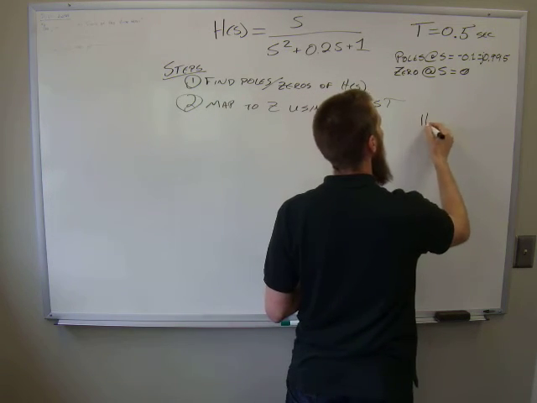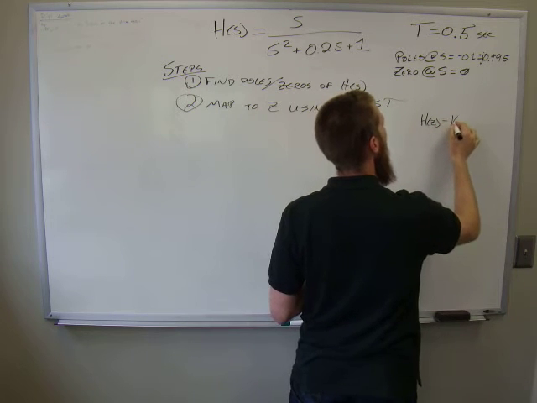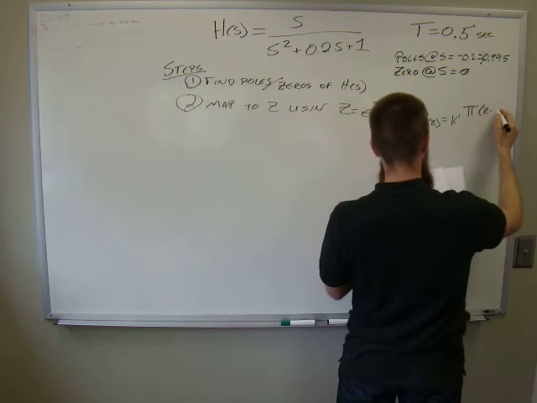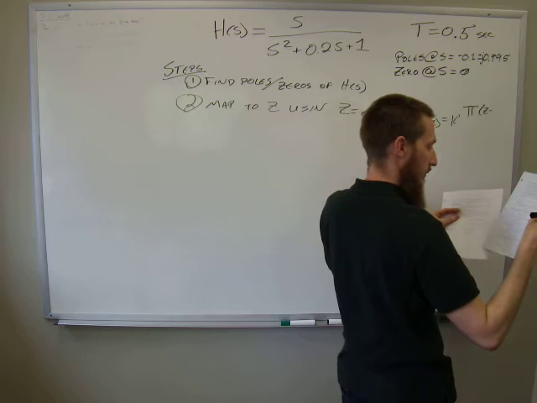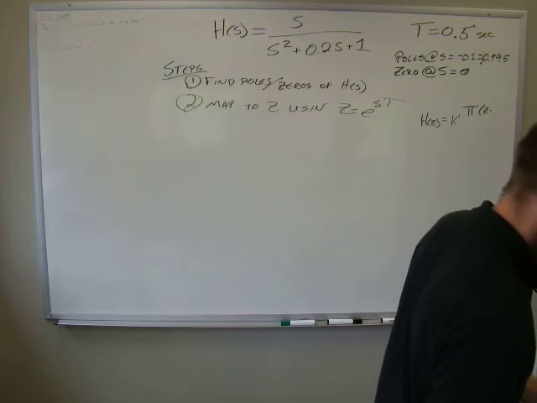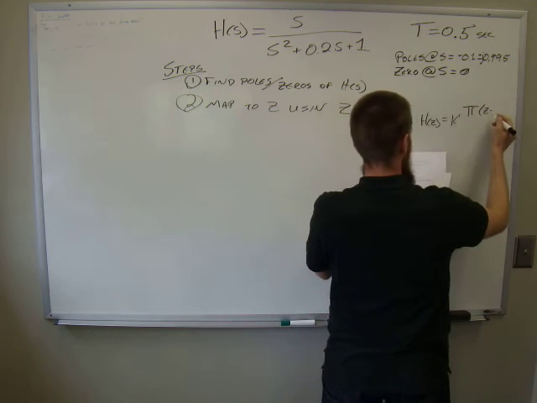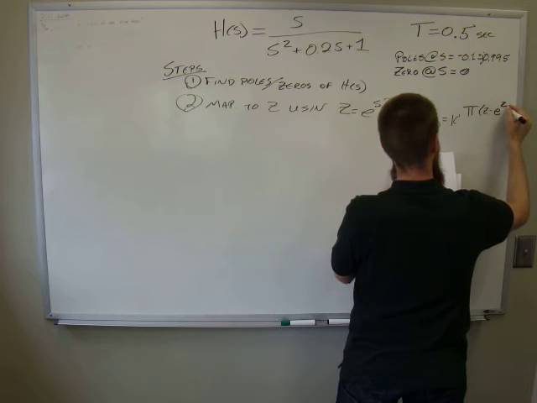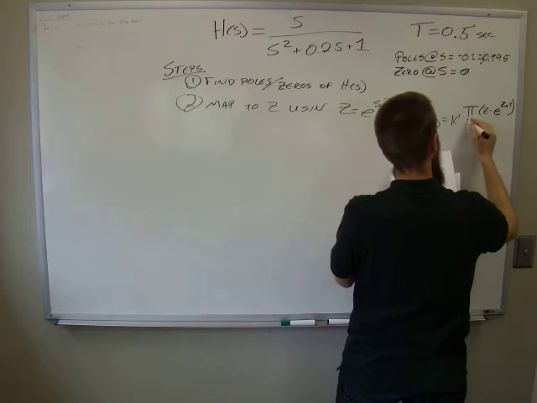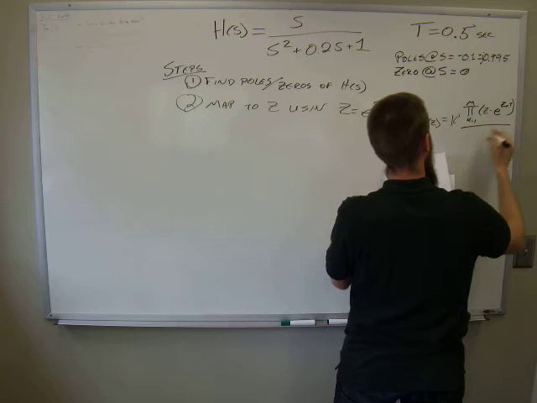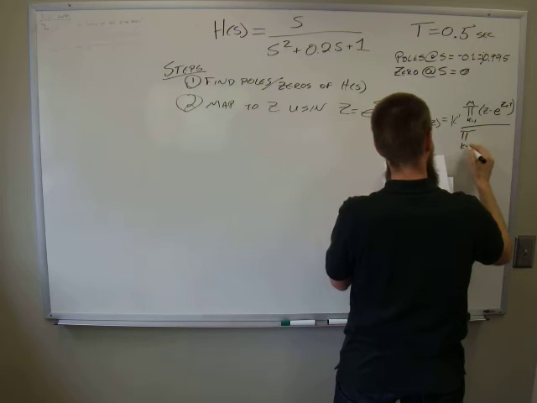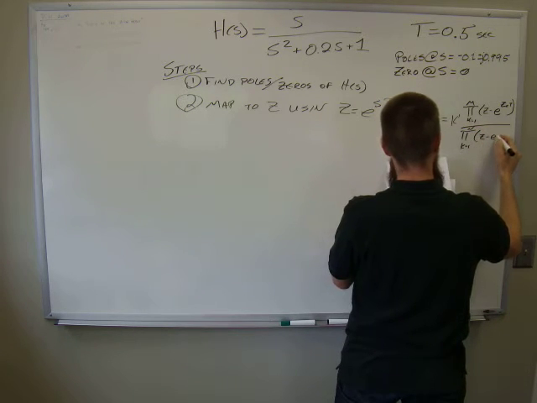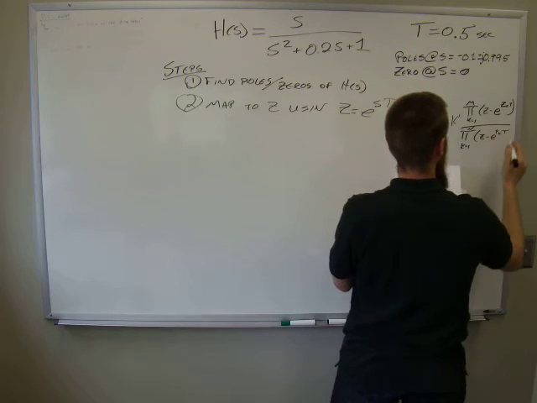So H of z is going to be equal to some K prime, the product of z minus e to the z_k T from k is equal to 1 to M, divided by the product from k is equal to 1 to N of z minus e to the p_k T.